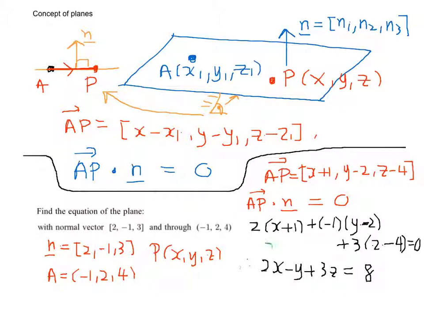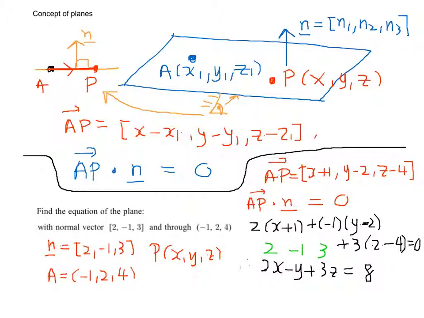So if you know the normal to a plane, you are able to form this part of the equation of that plane, because the coefficients are the corresponding components of the normal vector to the plane.